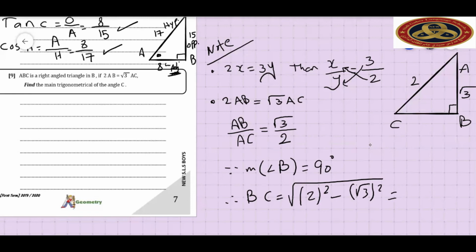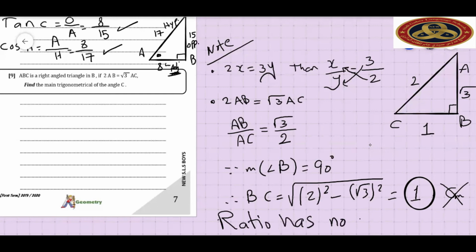To get the small side, make minus. So it will be 1. This is the ratio, not real length. So don't write centimeters because this is a ratio. Okay? Because you have studied before, the ratio has no unit.